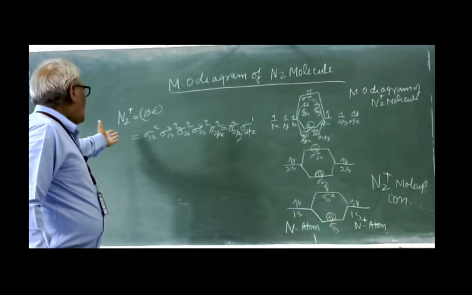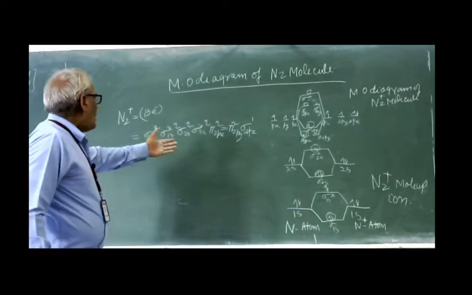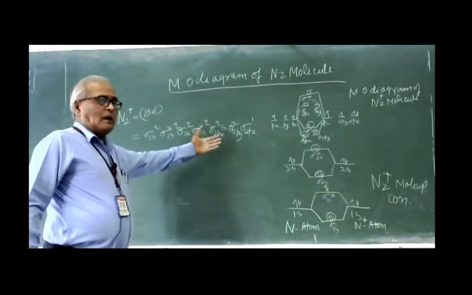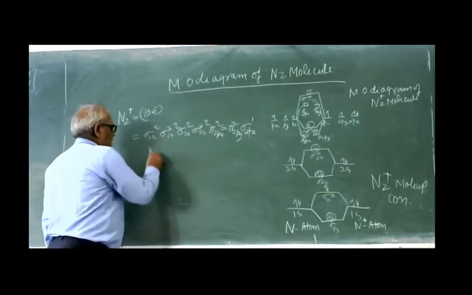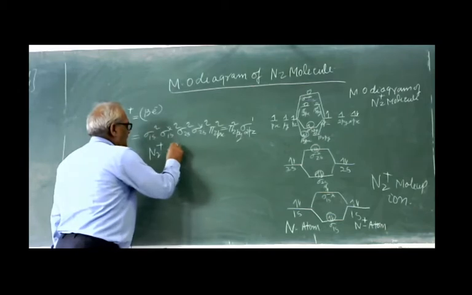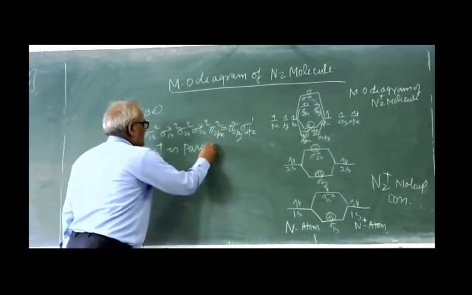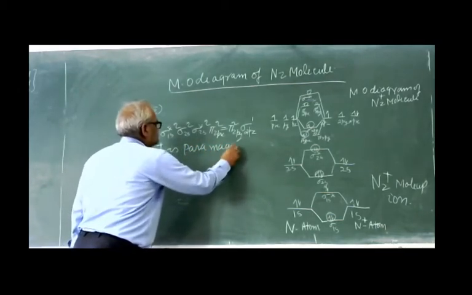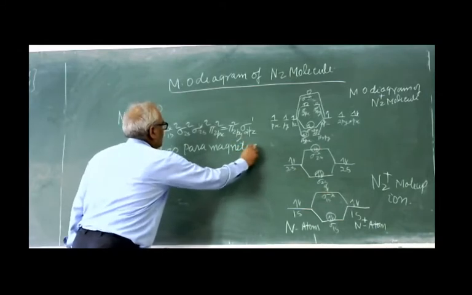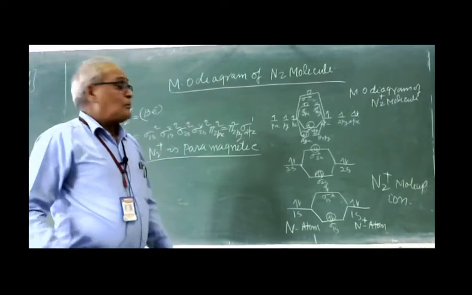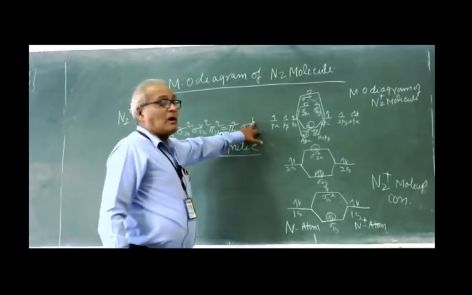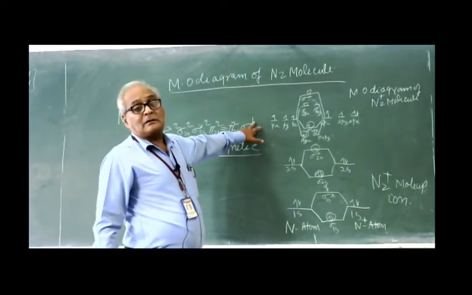So this N2 plus molecule is paramagnetic. Why paramagnetic? Because it contains one unpaired electron.